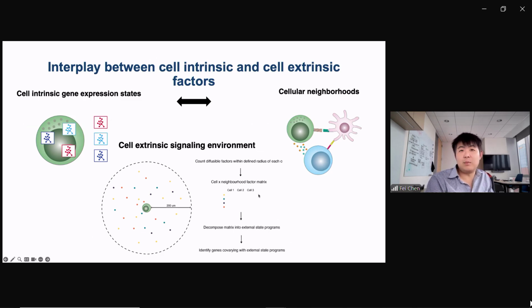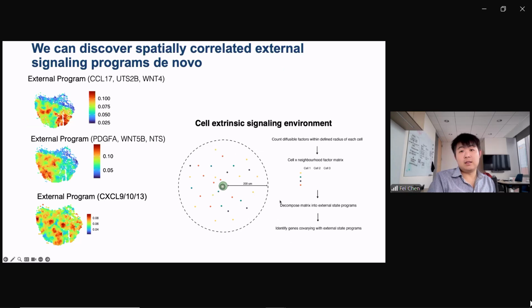That's cool because it's almost like a gene expression matrix, but it's the gene expression matrix of the external signaling ligands. And then you can decompose that matrix very easily using things like NMF or other factor decomposition programs across all of your samples. And that gives you these recurrent covariant signaling programs. And so when we do that, we can start finding some of these signaling programs.